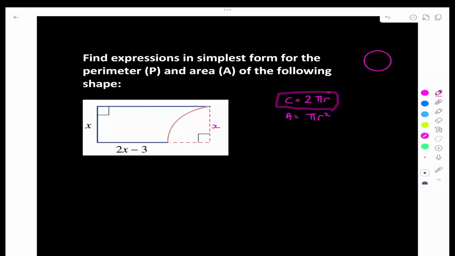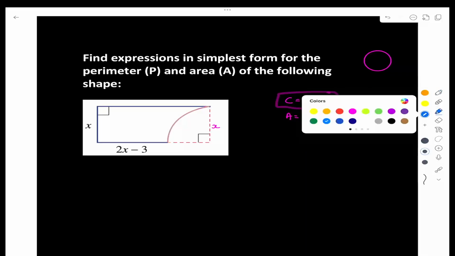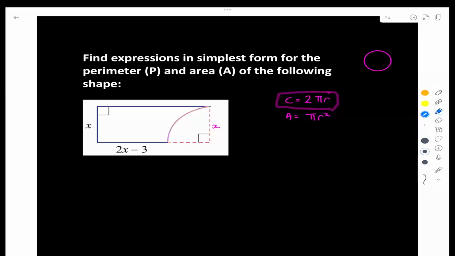So let us start off by calculating that. So let's calculate that first. So circumference of a circle is given by 2 pi r, and we're going to multiply it by a quarter, and we know the radius is x.